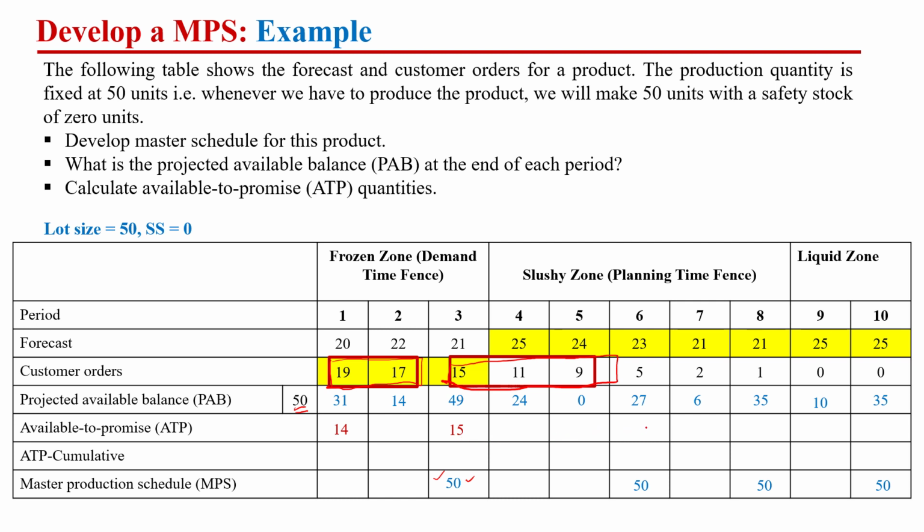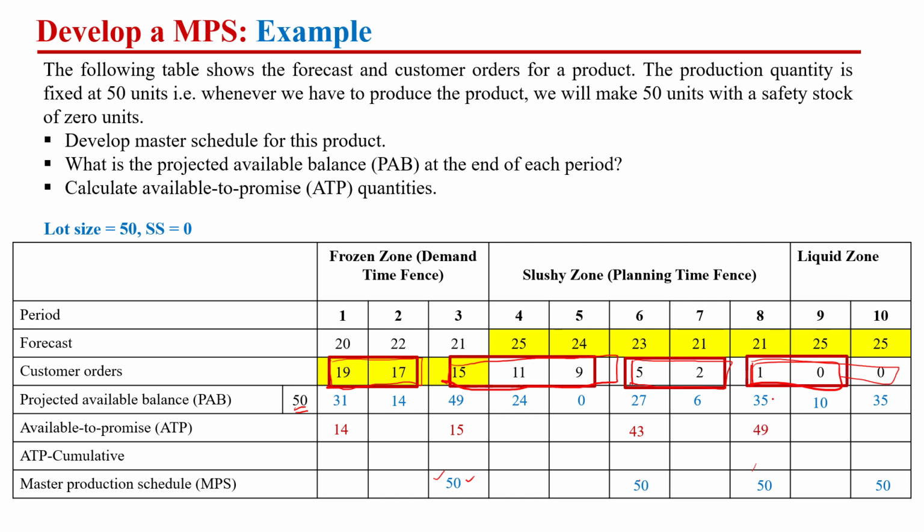Okay, the next, we are going to produce over here, so the sum of these two values. So 50 minus 7 is going to be 43. Then 50 minus the sum of these two is going to be 49 over here.